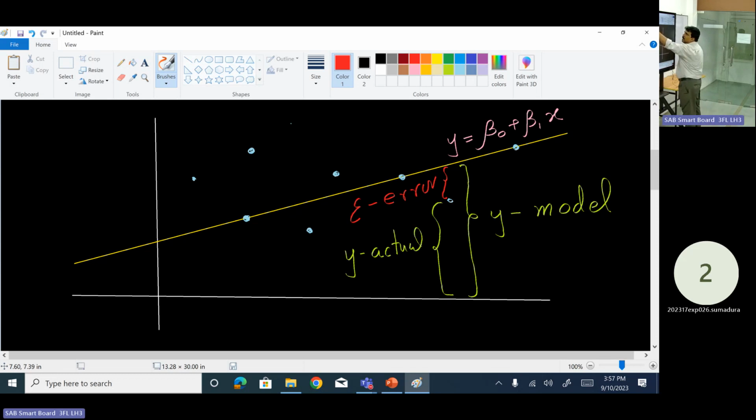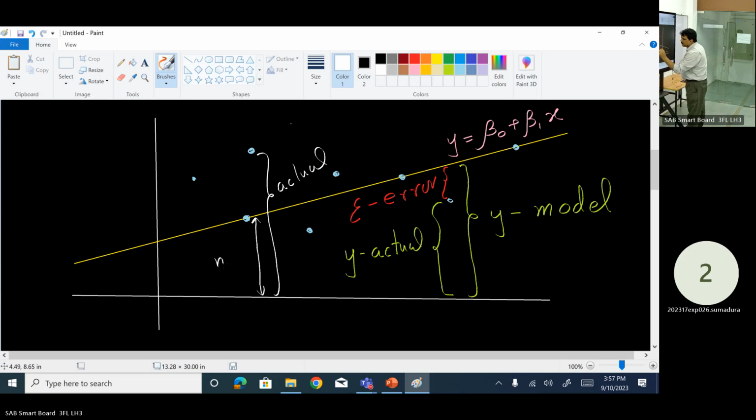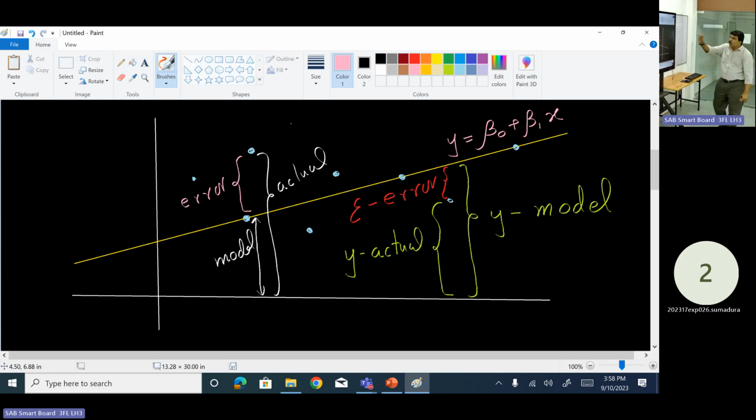If you take this point, that is the actual, this part is the model value, and this portion represents the error. If it is on the line, erase it.